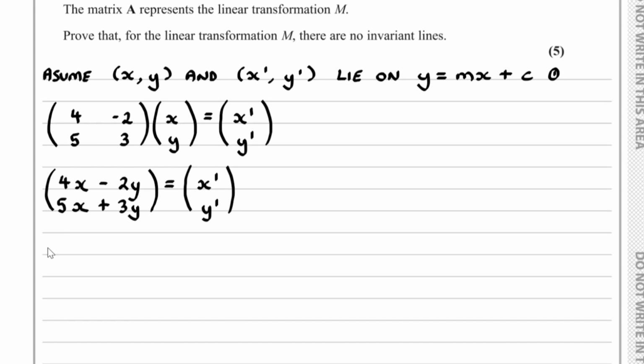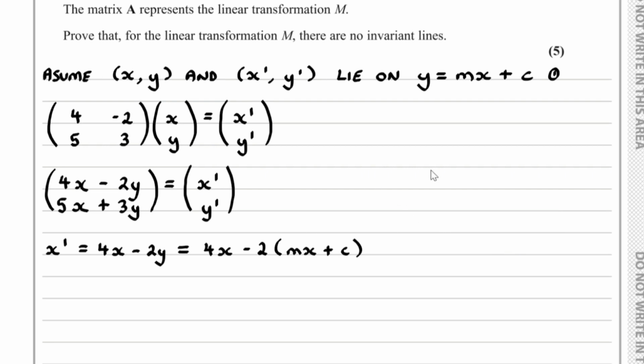And so we can state then x prime is equal to 4x minus 2y, and because we know that y is equal to mx plus c, you can see then that we have x prime equaling 4x minus 2 lots of y, and y is mx plus c.